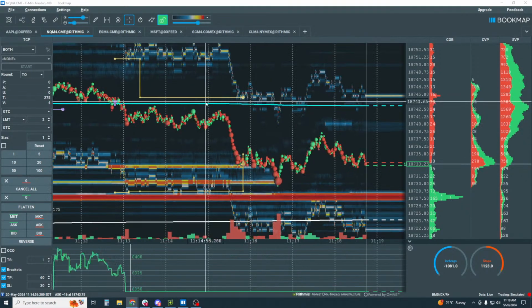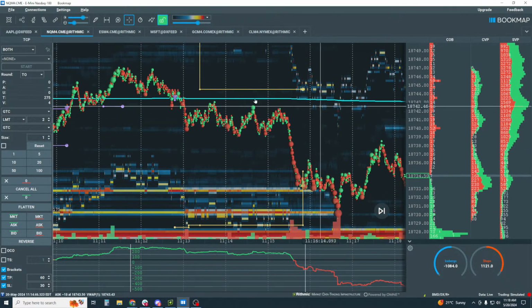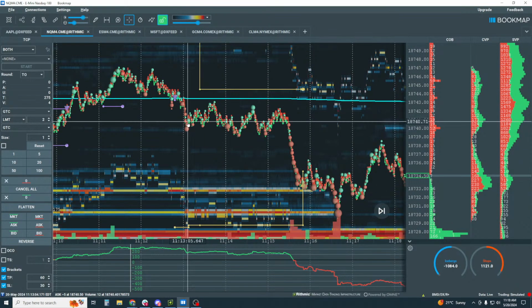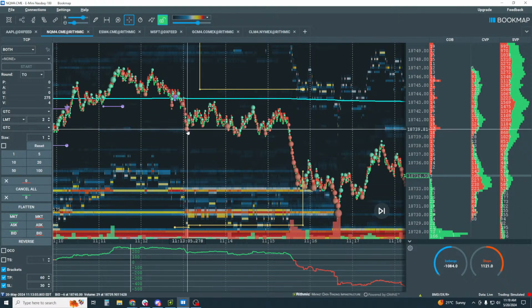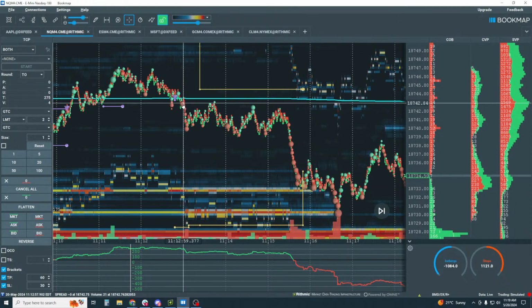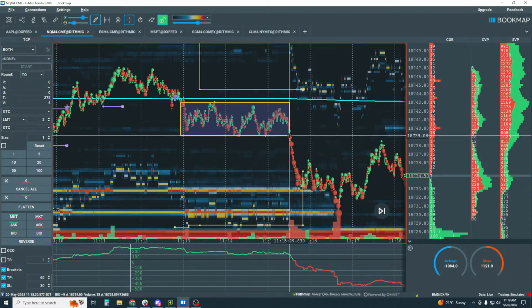What we do in here is, because it's order flow, we're looking for the move to work immediately. Not all the time, but a lot of the time, we say that if we get the move, it should work immediately. And all of this price action, in this drop here, took place in here.